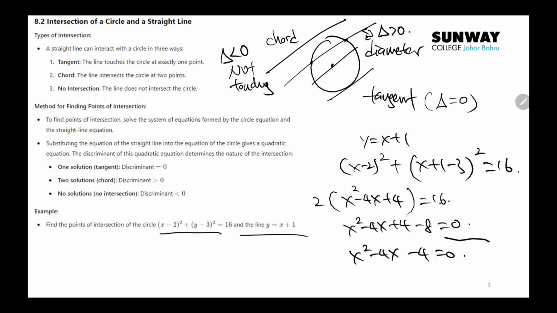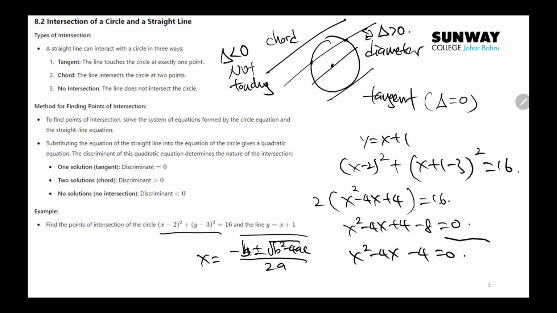According to the discriminant test, the formula suggests to us that x equals (-b ± √(b^2 - 4ac)) / 2a.